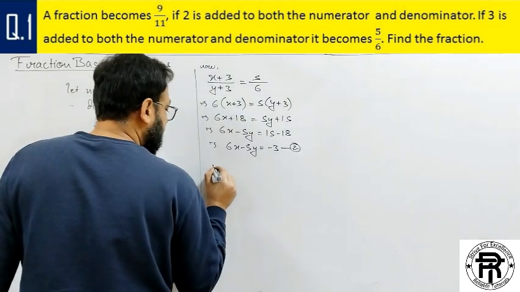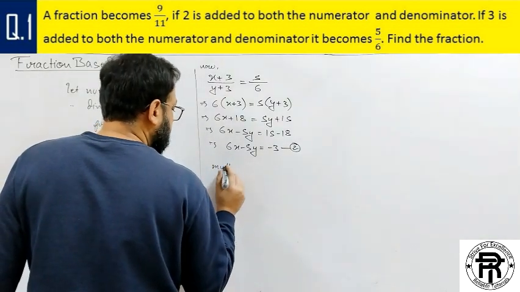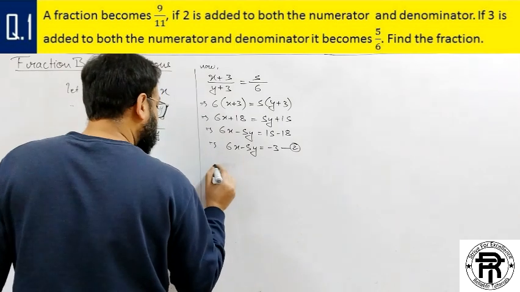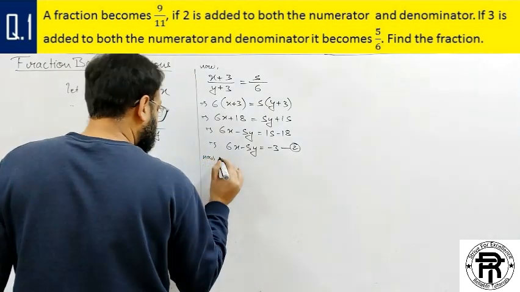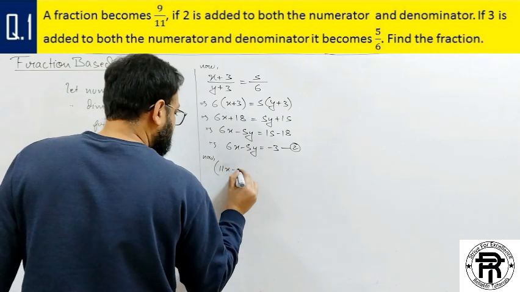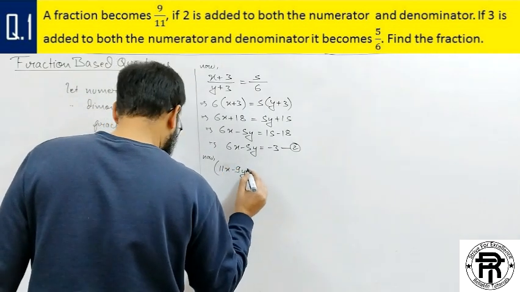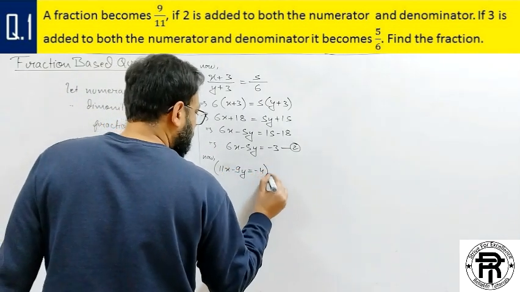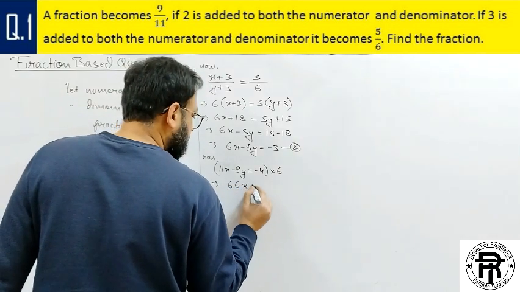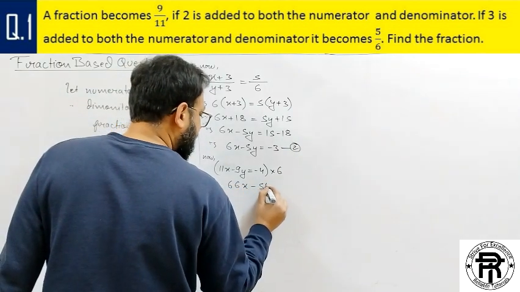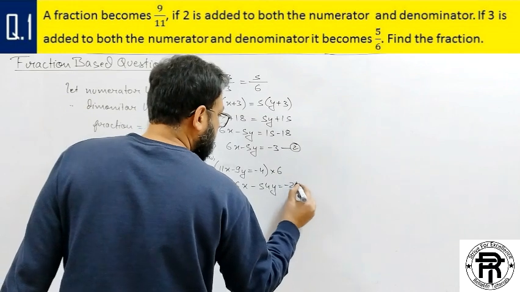तो लिख देते हैं यहाँ पे multiply, या लिखते नहीं है directly, we just put the values, है ना. Now 11x minus 9y is equal to minus 4 multiplied by 6. That becomes 66x minus 54y is equal to minus 24.